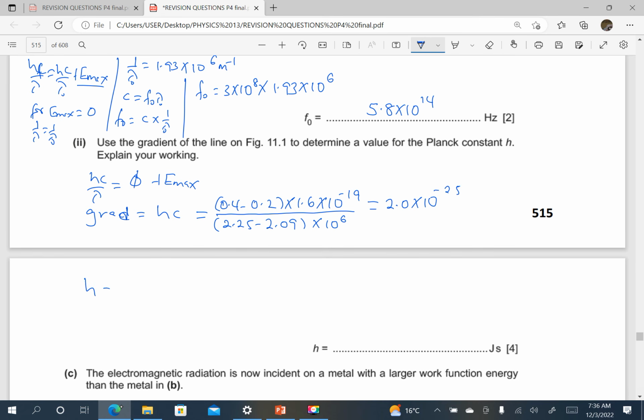So it means h is going to be that gradient, 2.0 times 10 power negative 25, divided by c, which is 3.0 times 10 power 8. Just to divide here, 2 divided by 3. So this is 6.67 times 10 power negative 34, or approximately 6.7 times 10 power negative 34.